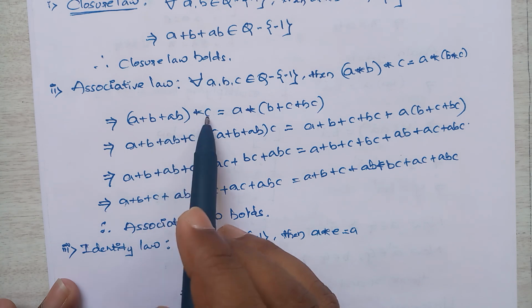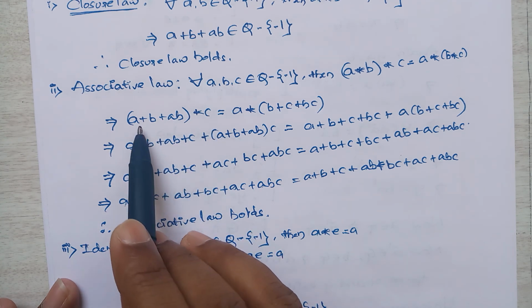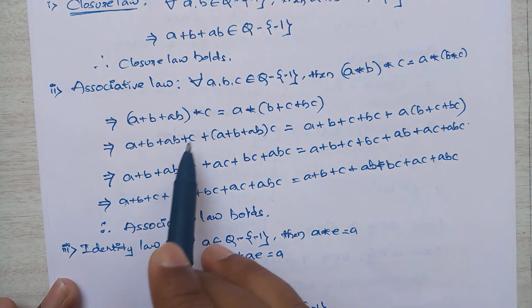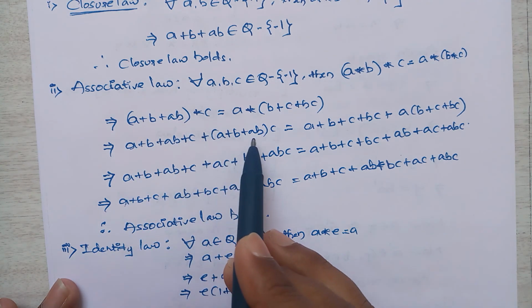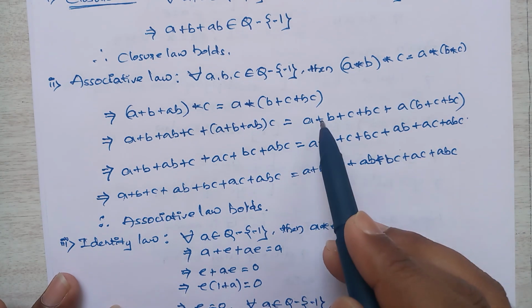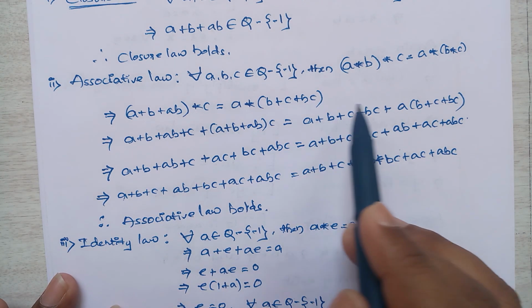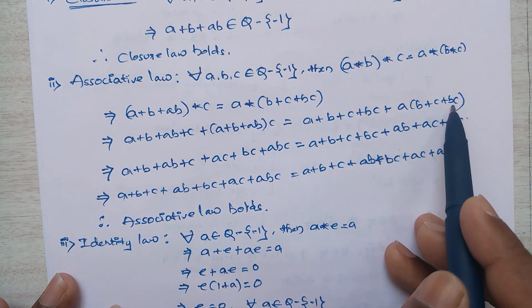So here the first term is a plus b plus ab and the second is c, and on the other side a plus (b plus c plus bc) plus a into (b plus c plus bc).